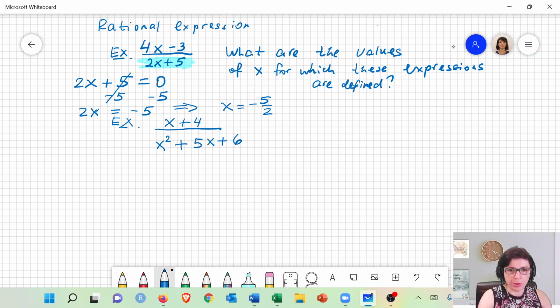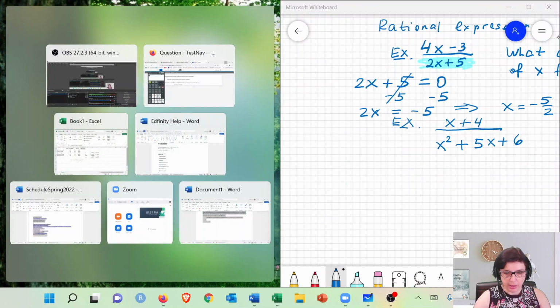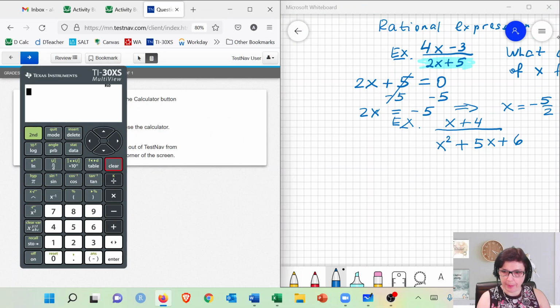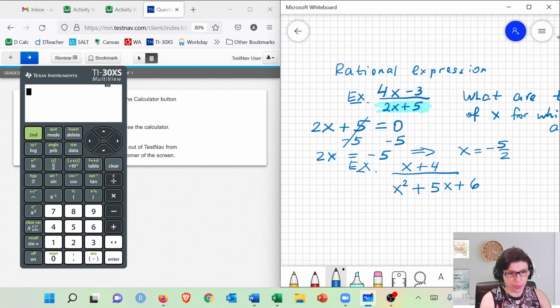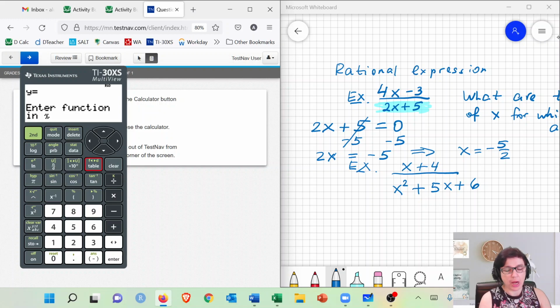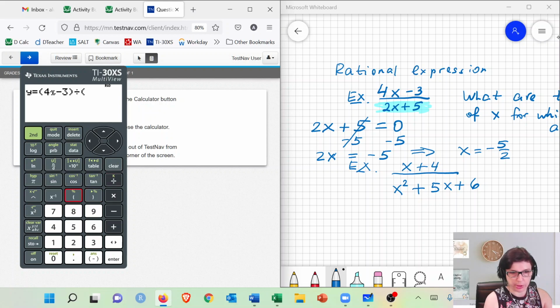So let me also show you on a calculator what would happen. Imagine that I went to a table and I put in this expression that I have. Now, when you're inserting a rational expression, always surround both the top and the bottom with parentheses. It is very important when you do this on the calculator.